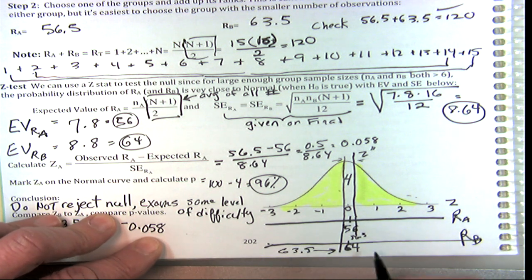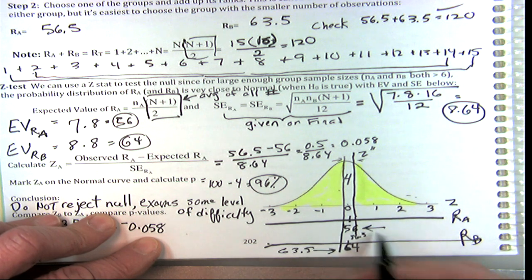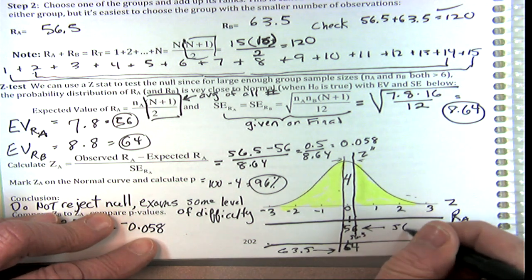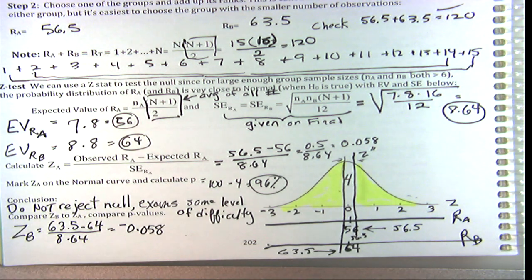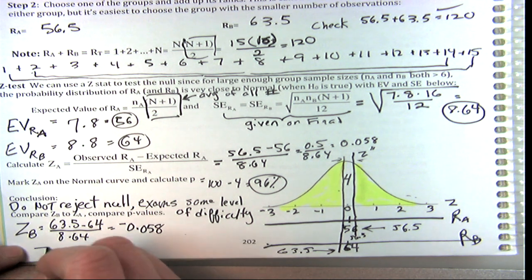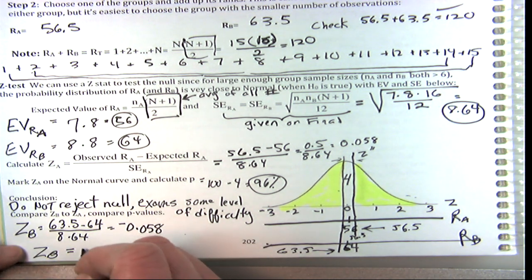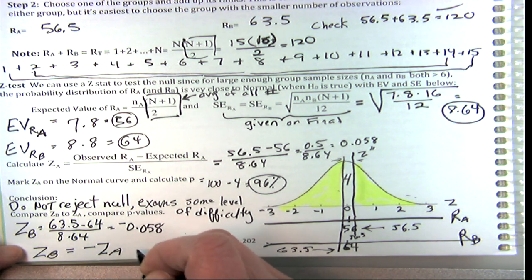And that right there is our observed 56.5 from group A. Okay, so we should write that down: ZB is equal to negative ZA. They're just opposites, and they both have the same p-values.